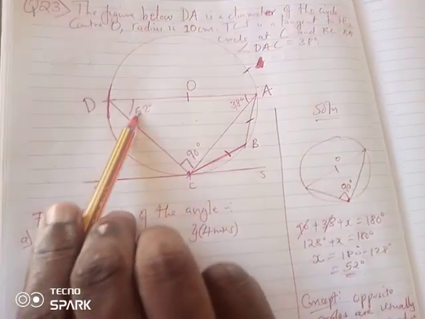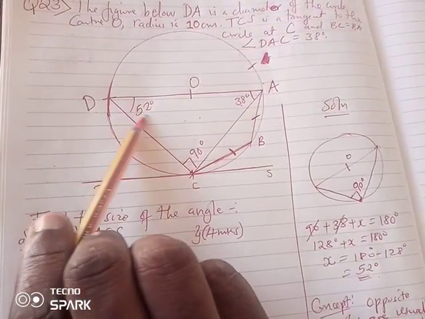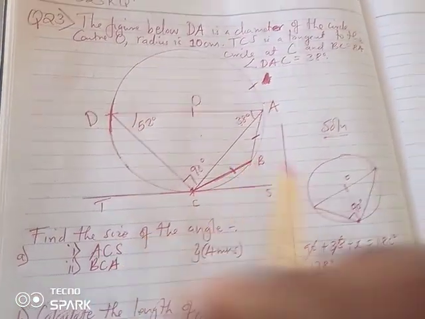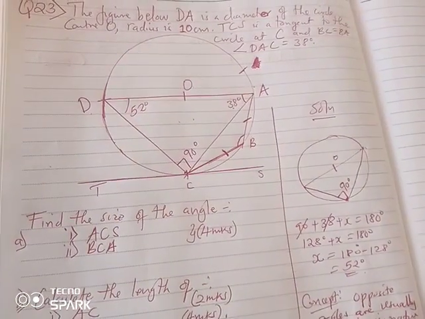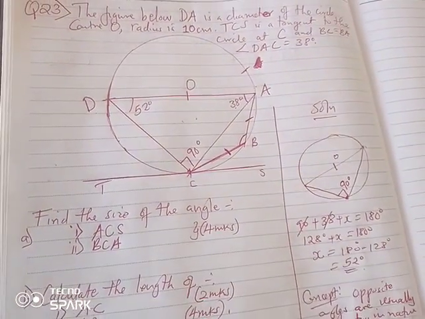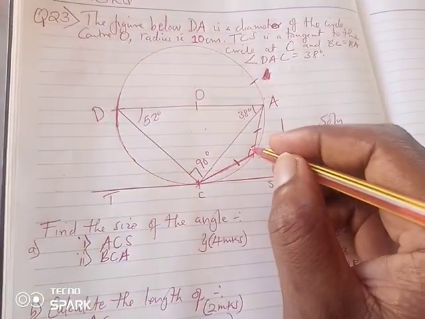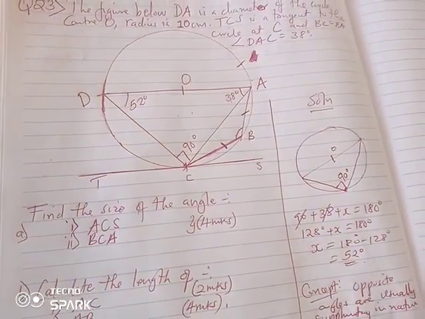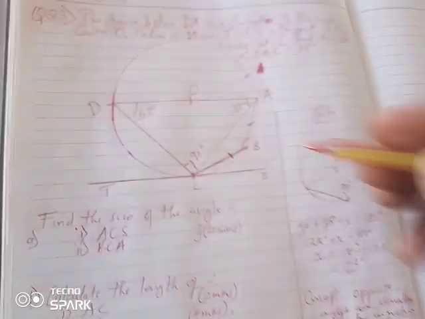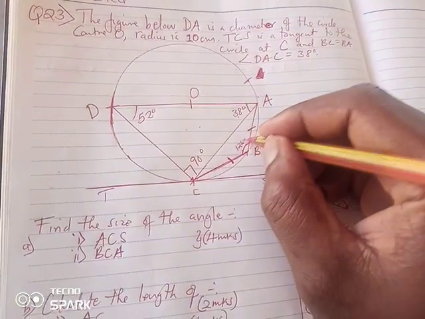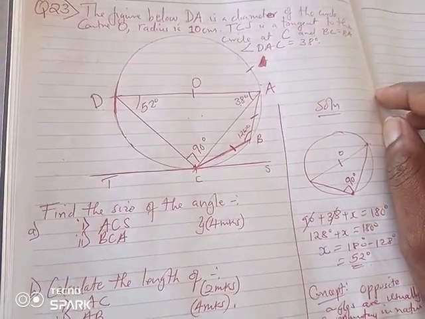My opposite angles here are 52 and the angle at B. So that is 180 minus 52 to get my angle at B, and that will automatically be 128 degrees. So I will be having my 128 there.